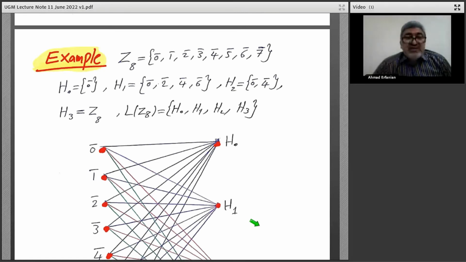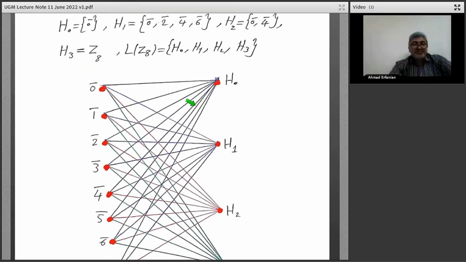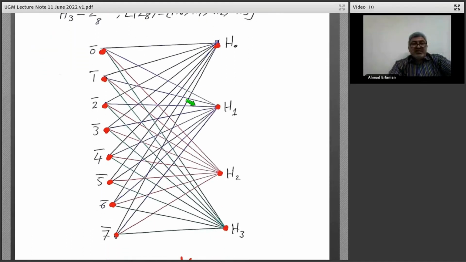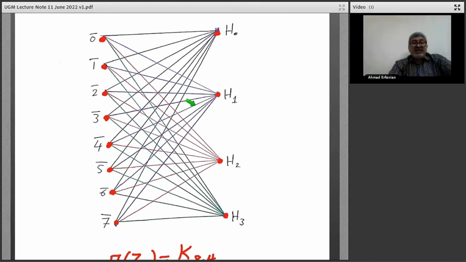Now here is another example, for a cyclic group of order 8. We have 8 elements here. Now subgroups, we have H0 the trivial subgroup, H1, H2, H3. So we have 4 subgroups of Z8, the cyclic group of order 8, and we have 8 elements of Z8.